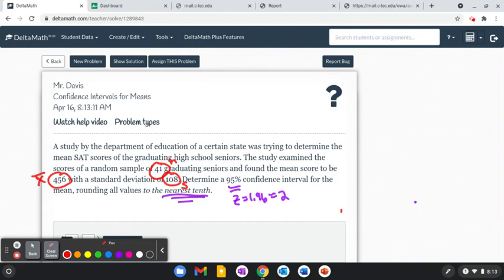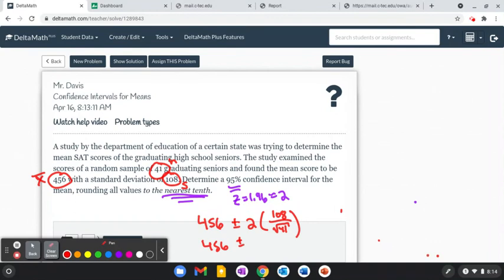So we're going to do x bar, 456, plus or minus 2, our z-score, times s, which is 108. Just make sure you don't flip the s and the n. It's easy to do that. Make sure you get the n on the bottom: it's the square root of 41 on the bottom. Then do 2 times 108 divided by the square root of 41.